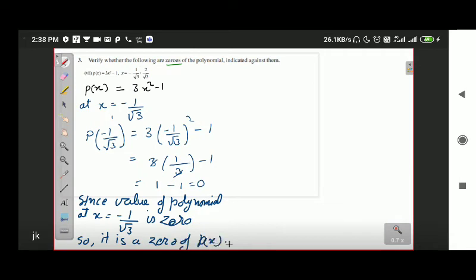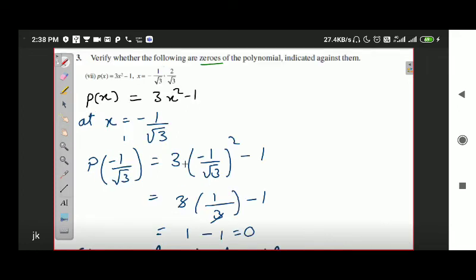Okay, it is a 0 of p(x). Fine. Now let's try the second part.